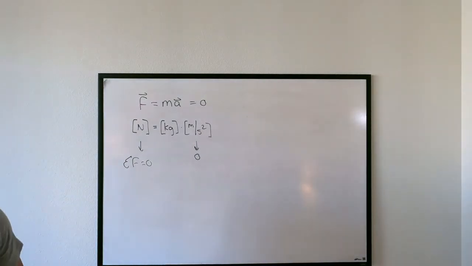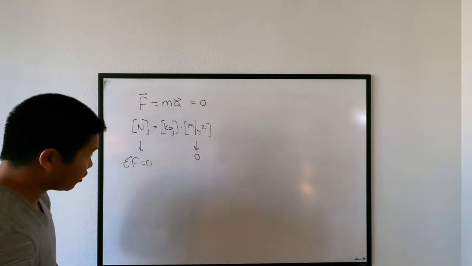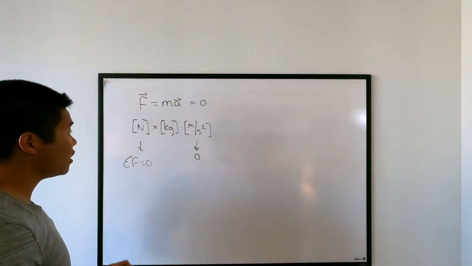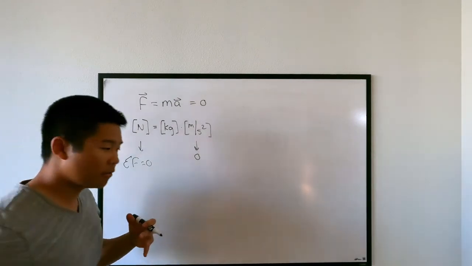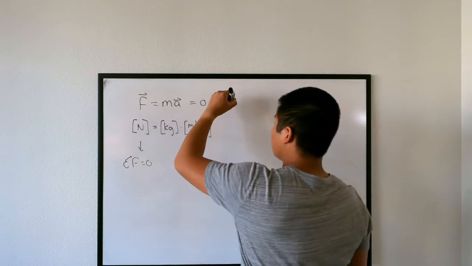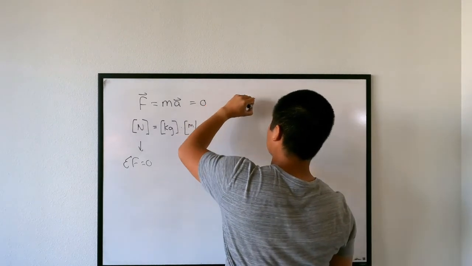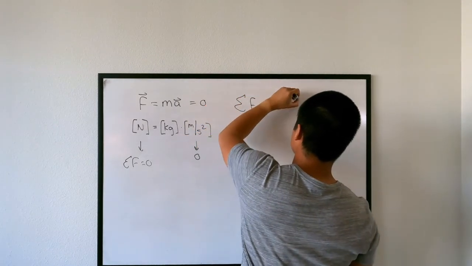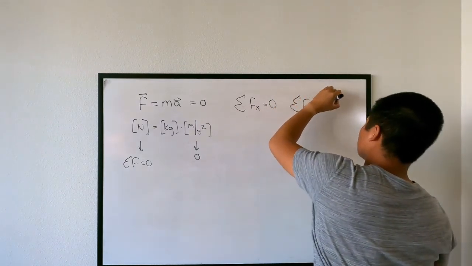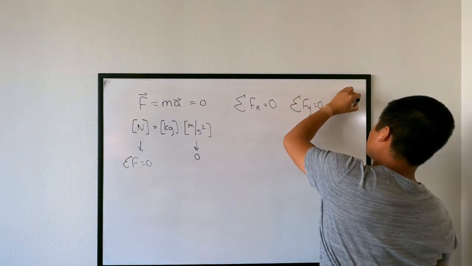Because the class is called statics, the acceleration is equal to 0, therefore all of the scenarios of forces and moments in this class are going to be equal to 0. So the sum of the forces in the x direction equal to 0, sum of the forces in the y direction equal to 0, and sum of forces in the z direction equal to 0.